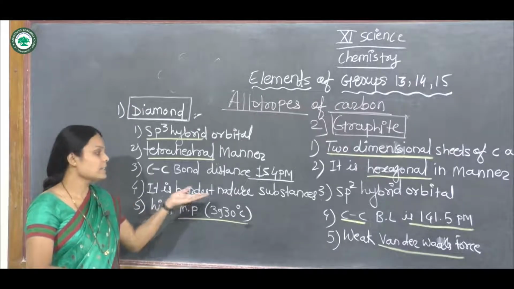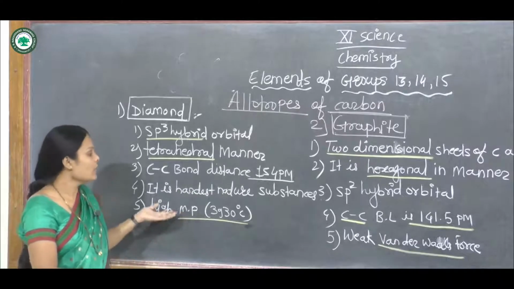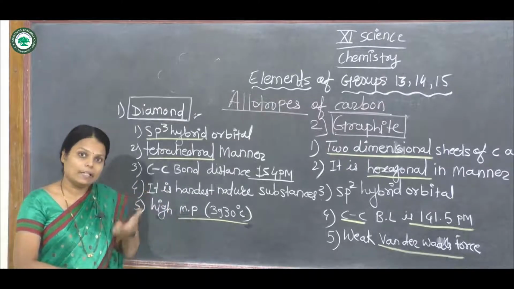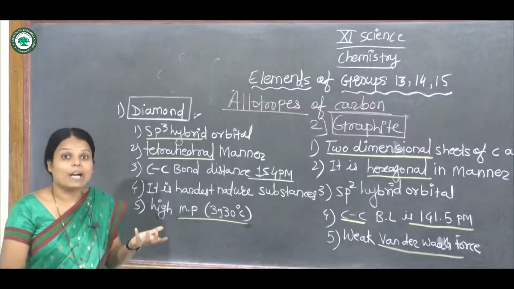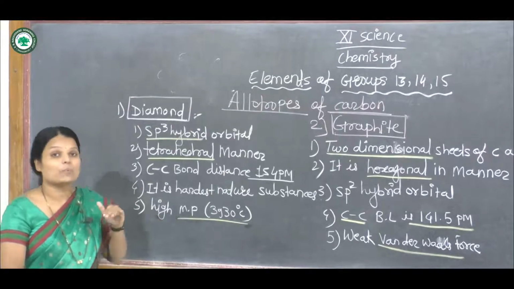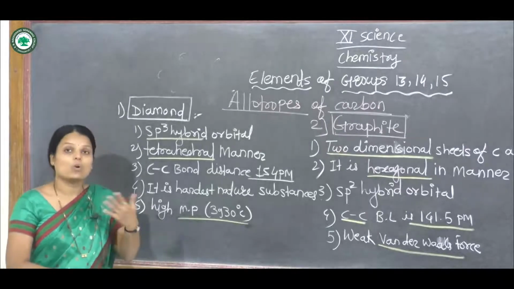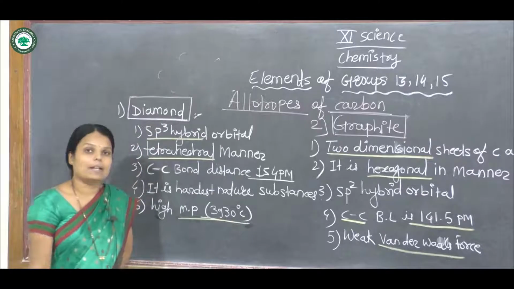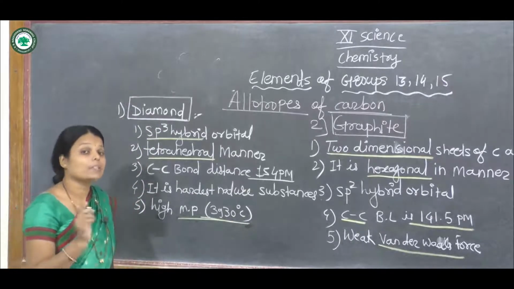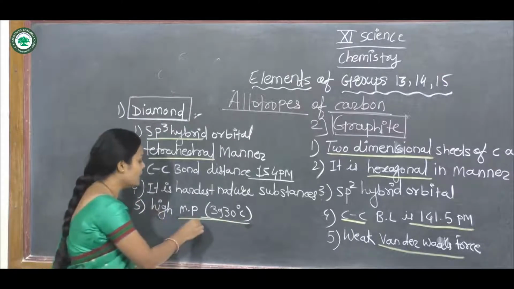It has a high boiling point and melting point because it is a very hard substance, and its melting point is 3930 degrees centigrade.